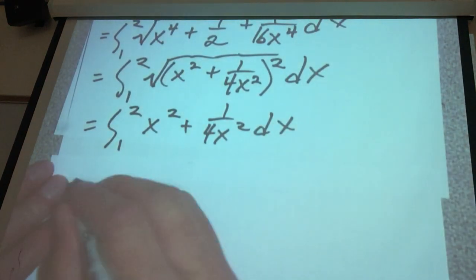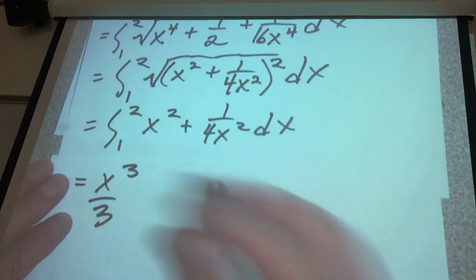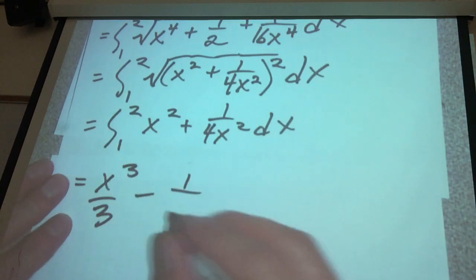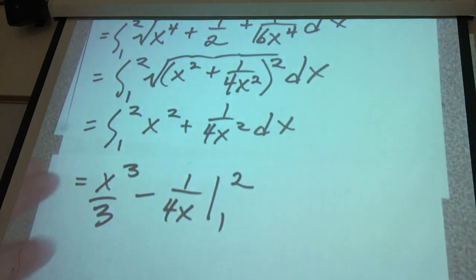Okay, so that becomes x cubed divided by 3, and then minus 1 divided by 4x, evaluating at 1 and at 2. Now, one thing that I want y'all to notice is this looks extremely similar to what we actually began with, okay? So what was the original function that we were integrating?